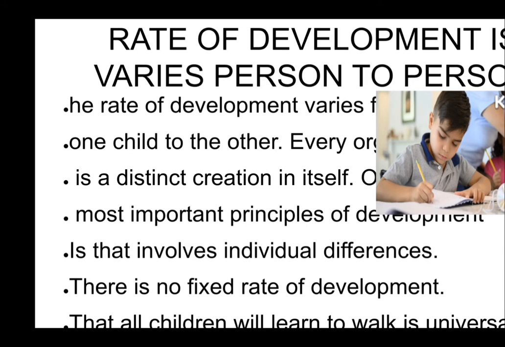That all children will learn to walk is universal, but the time at which each child takes his or her first step may vary. If a baby walking is universal, we don't know at what age the baby will take his or her first step. That is different. It will vary from person to person. We are talking about individual difference here.